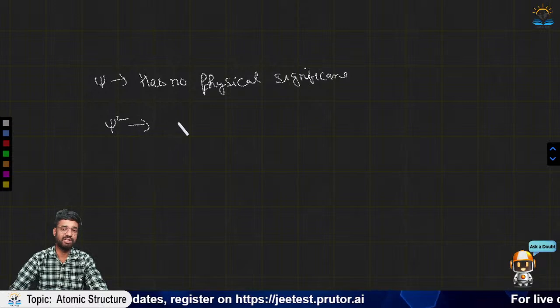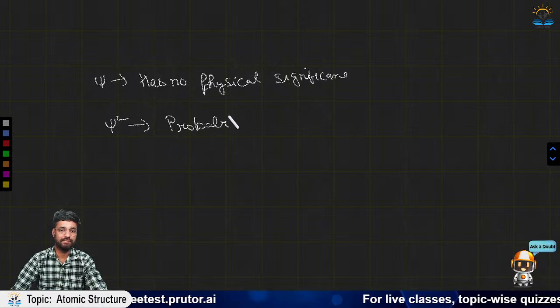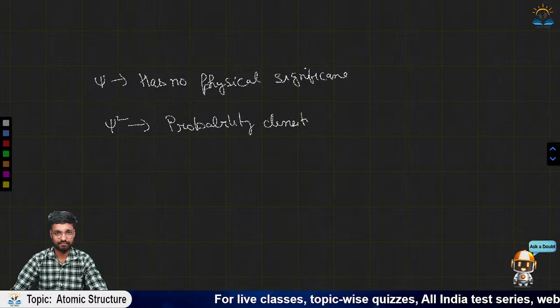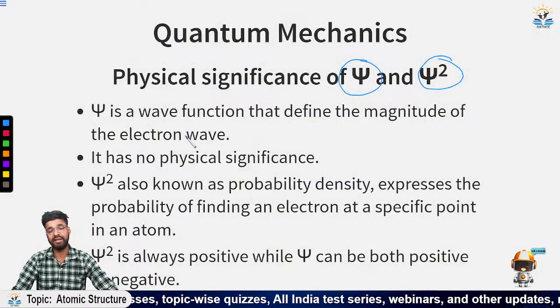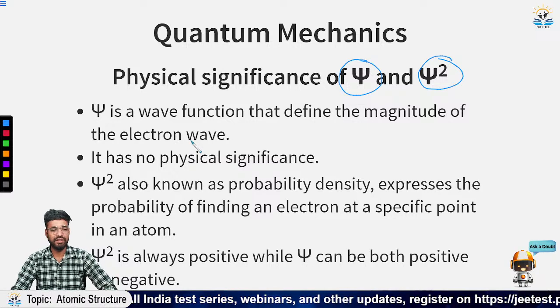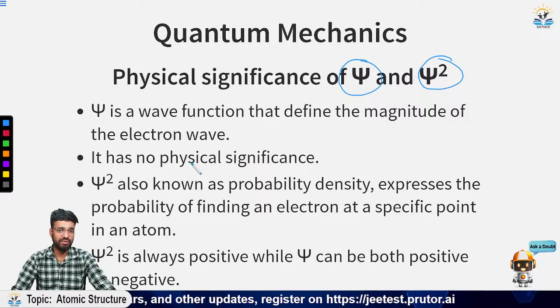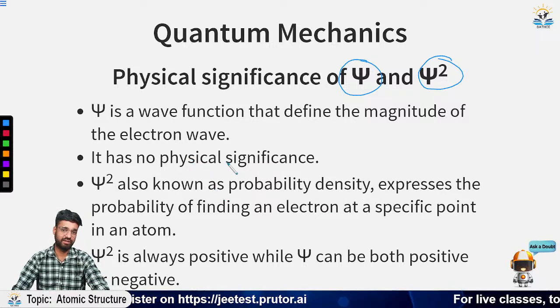It tells about the probability density. So this psi square has a physical significance. It tells the probability of finding an electron in a given space. So this psi square has a use in quantum mechanics.